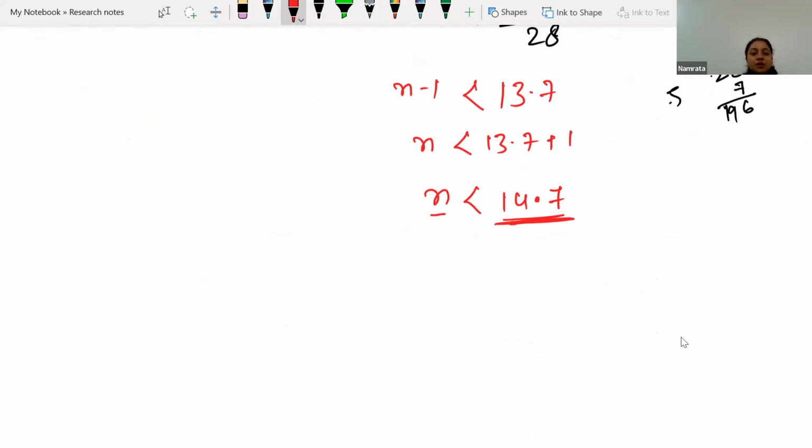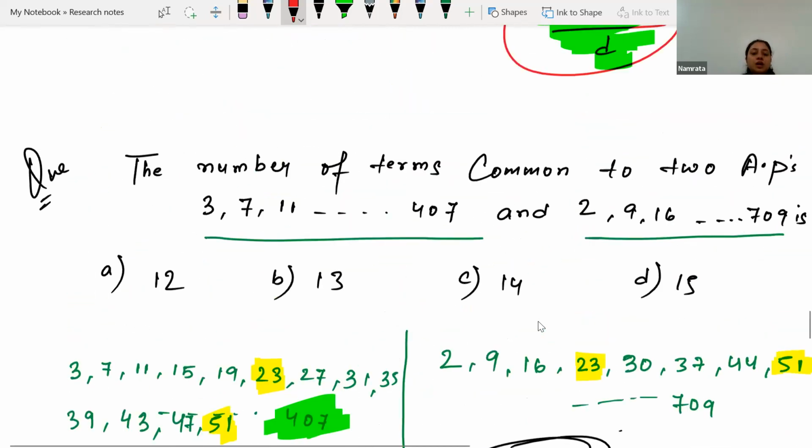N is smaller than 14.7, so the possible integer value of n smaller than 14.7 is 14. So the number of terms can't be 14.7. That's why we are taking the best possible value of n. Is there any option 14? Yes, this is the correct option. Got it? Yes, ma'am. Let's move ahead.